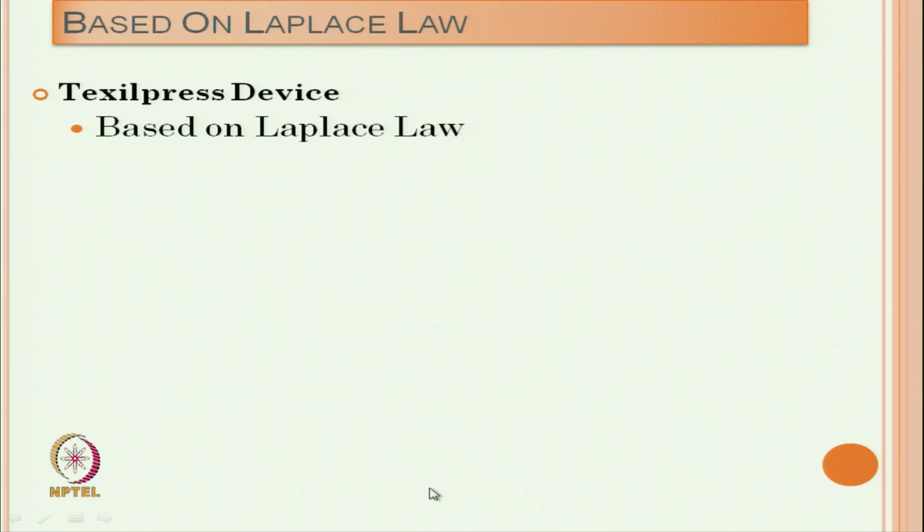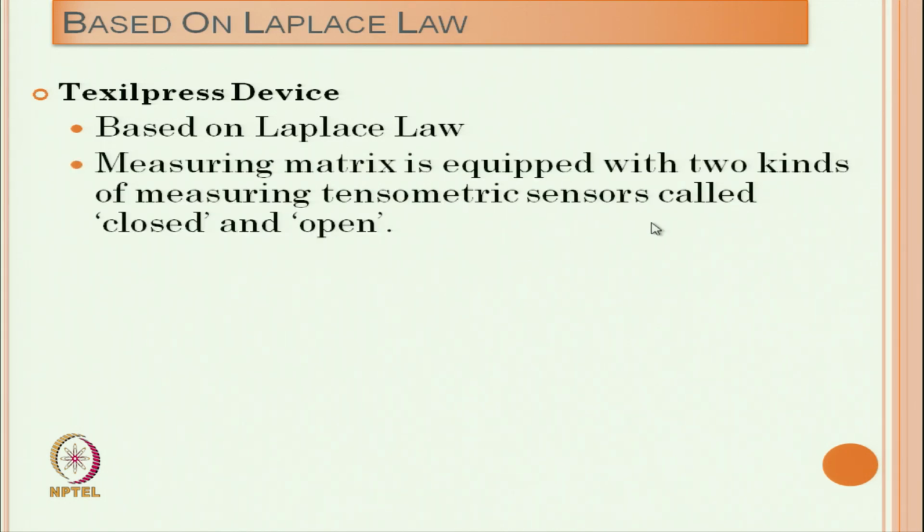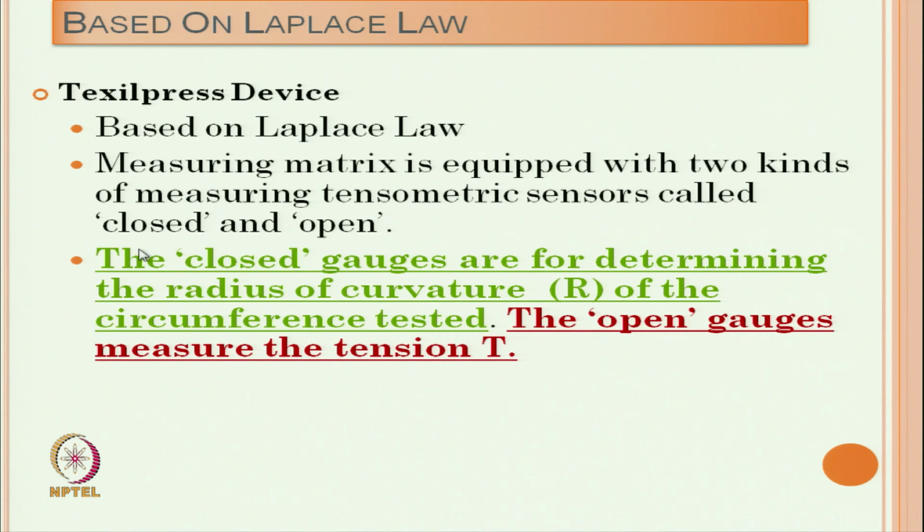One commercial piece of equipment based on this Laplace law is the Texi press device. This works on the Laplace principle. Here, as already mentioned, we need two gauges, a closed gauge and an open gauge.